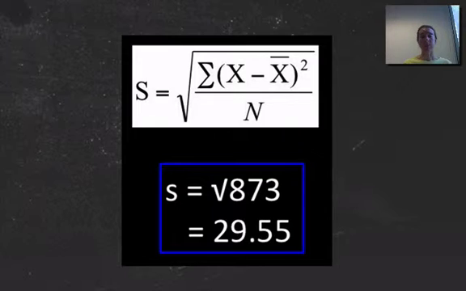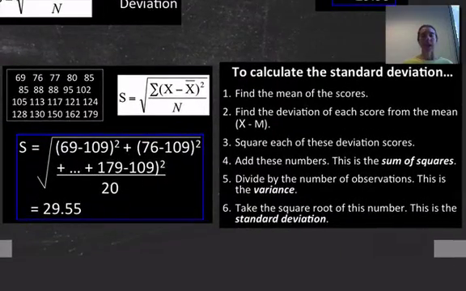Returning again to our example, our variance was 873. We take the square root of that, and that's going to give us a standard deviation of 29.55. This just spells it out in a bit more detail. Here again, we see the distances of each of my rides, and there's the formula there to the right. And so we take each score, subtract out the mean, and then we square it, and then we add up each of these deviation scores.